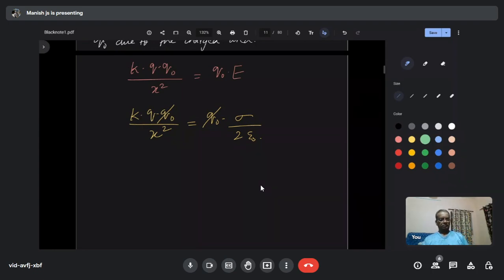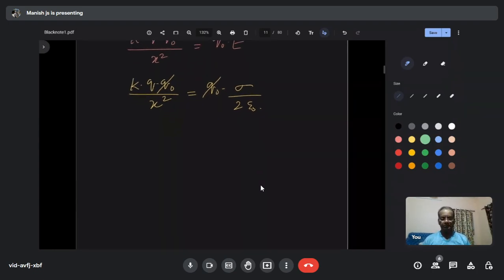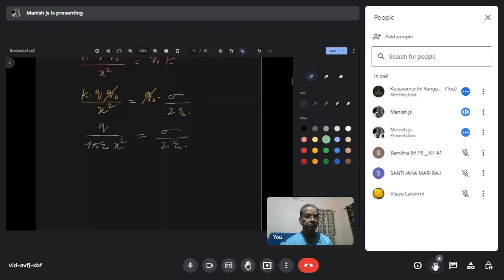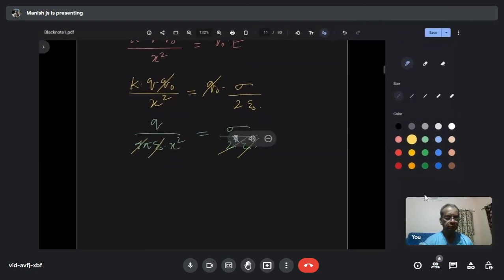So we get this, and then k you can express as 1 by 4 pi epsilon naught. So q upon 4 pi epsilon naught into x square is equal to sigma divided by 2 epsilon naught. Epsilon naught gets cancelled off, and 2 and 4 you can also cancel.